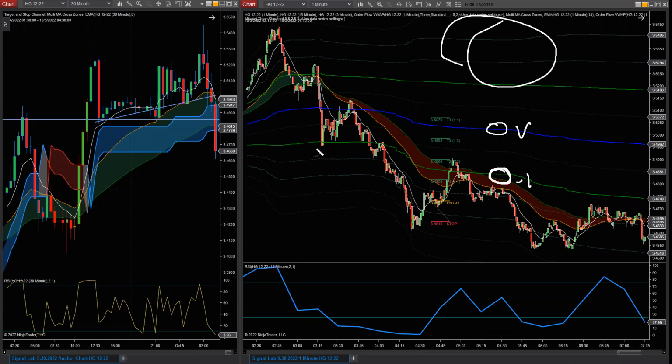When the trend is up, I'm looking to buy it. If it's a strong trend, I'm looking to buy at the first standard deviation band, VWAP on a retest, or down in here below that -1.